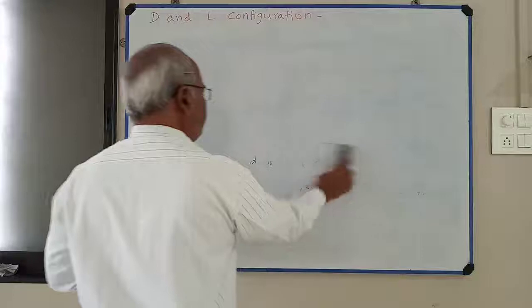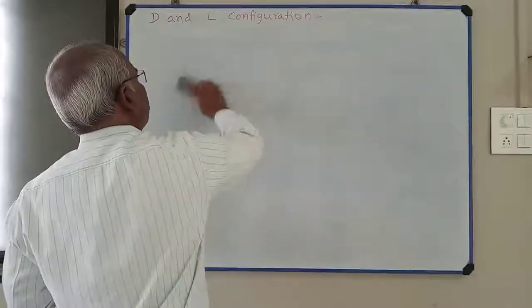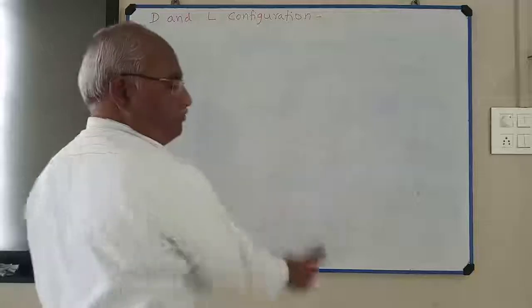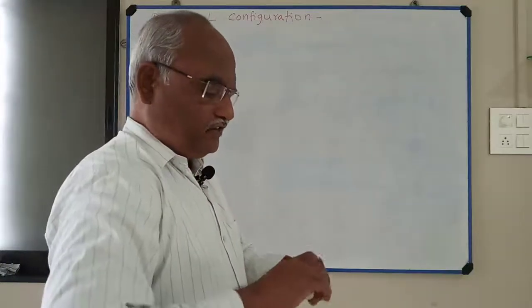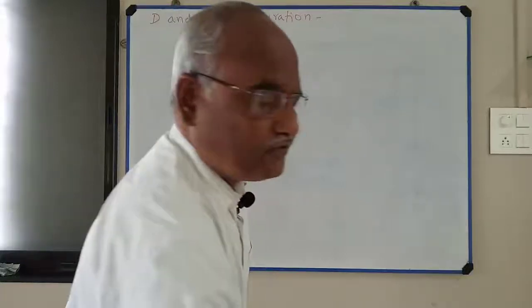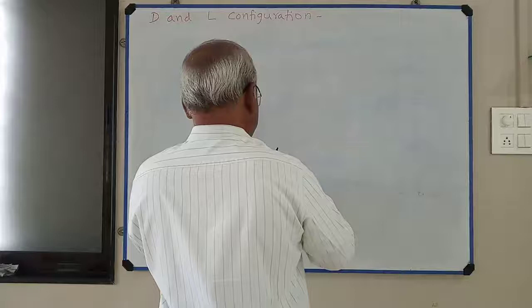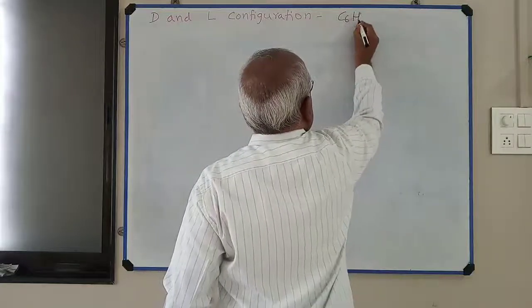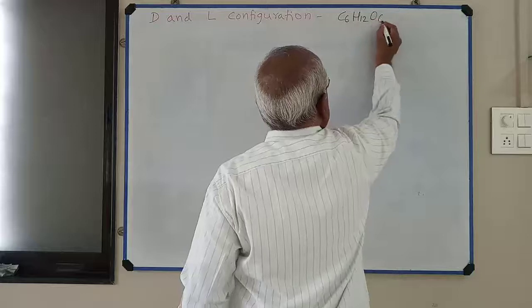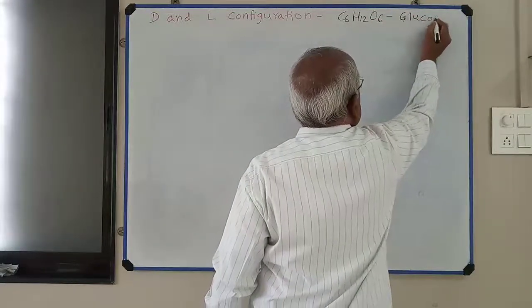That means in glucose 6 carbon atoms are present, 12 hydrogen atoms are present and 6 oxygen atoms are present. So C6H12O6, this compound represents glucose.